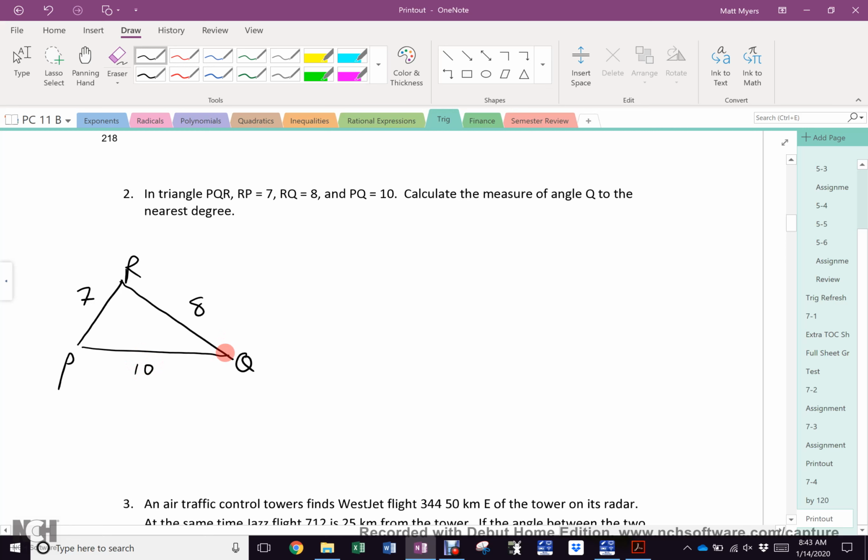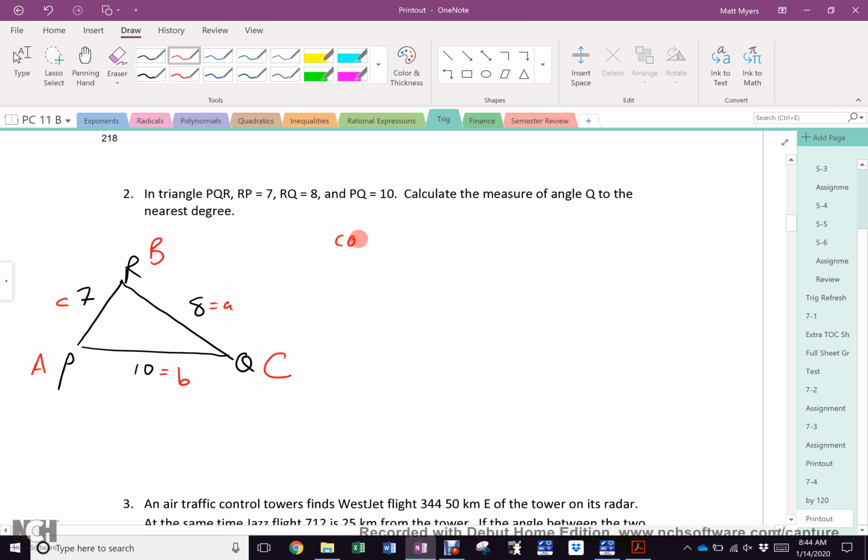Q is the angle we seek, yes? So how should we relabel this? We make Q big C, which makes 7 what? Little c. Do the other two matter? Big A, big B, little a, little b. Now, since I seek an angle, I have to use the rearranged cos law, yes?